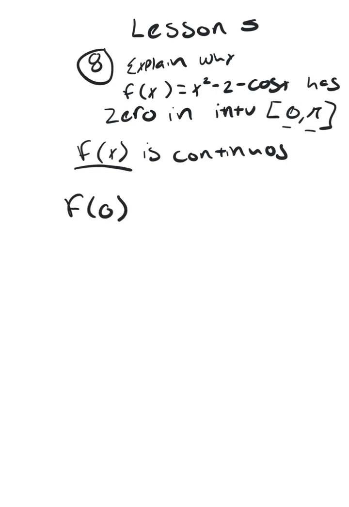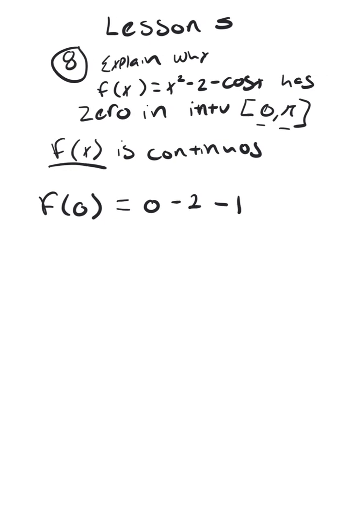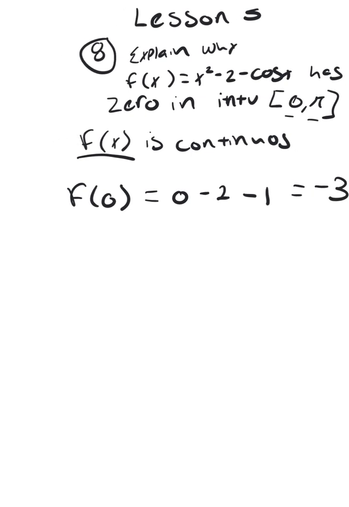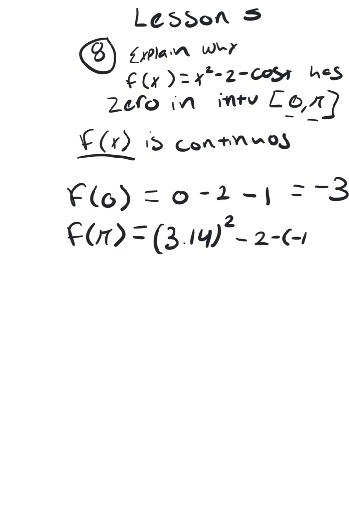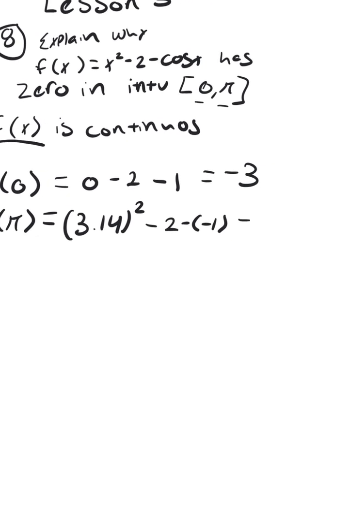If we plug in 0 into this equation, we'll get 0 minus 2 minus cosine of 0, which is 1, which would equal negative 3. And if we plug in b, we would get 3.14, which is pi, squared, minus 2, minus negative 1. If we were to do this on a calculator, it would approximately equal 8.